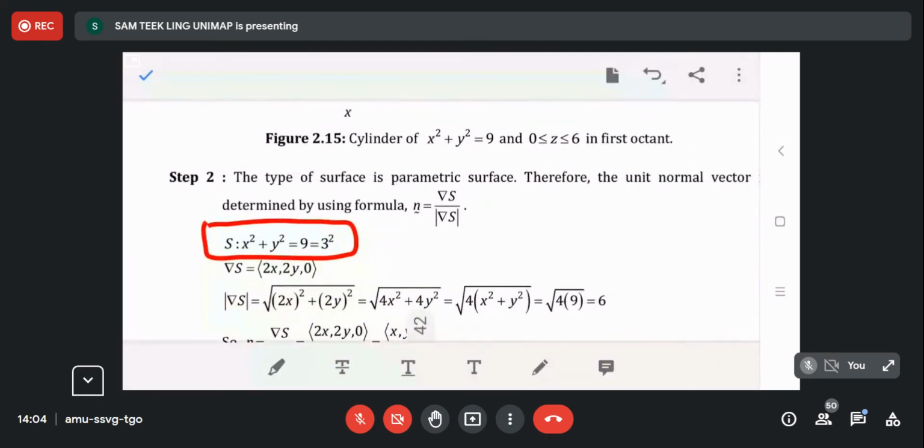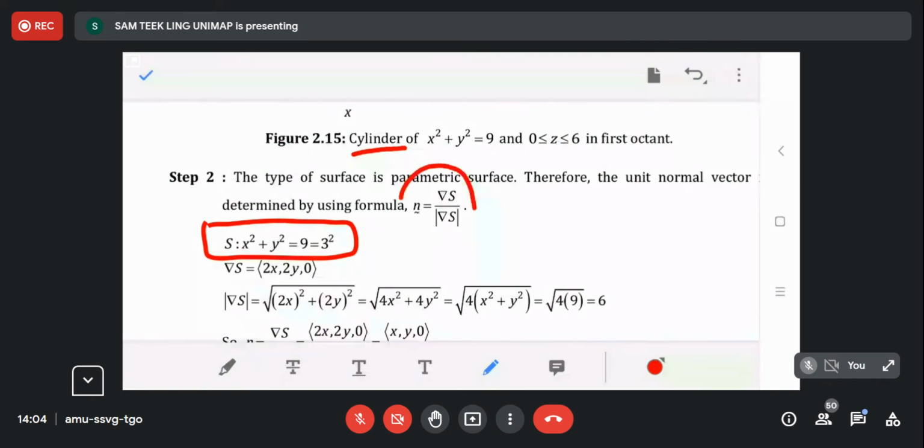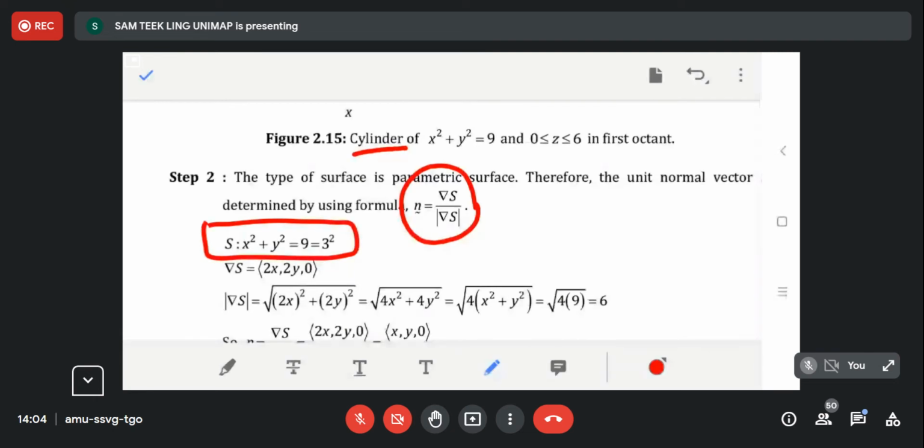So this one is a cylinder. Our picture is a cylinder, so we will apply this first formula for n, the formula not referring to the table. Still remember cylinder and sphere? We use this one. The surface, the question gave you already. So you find del S.